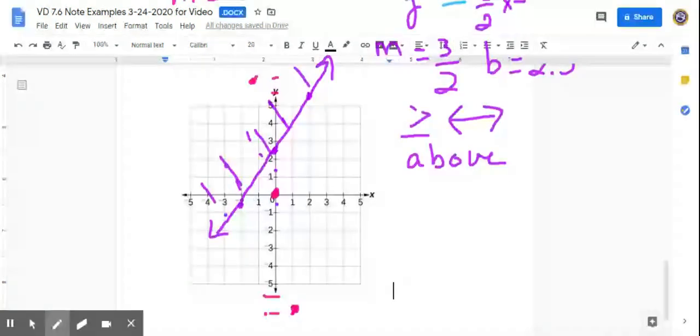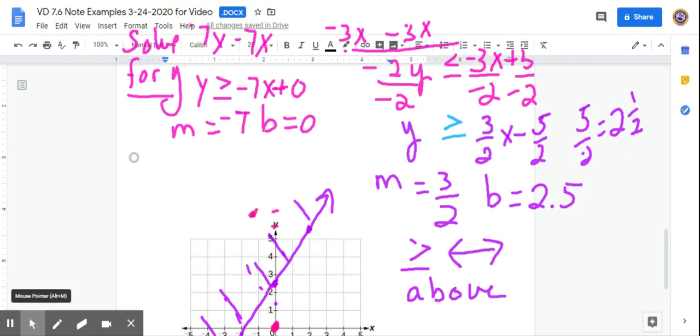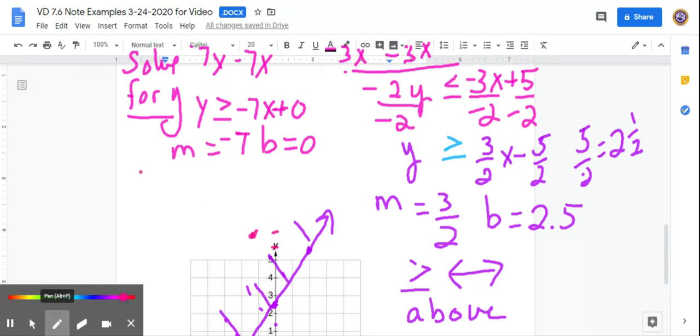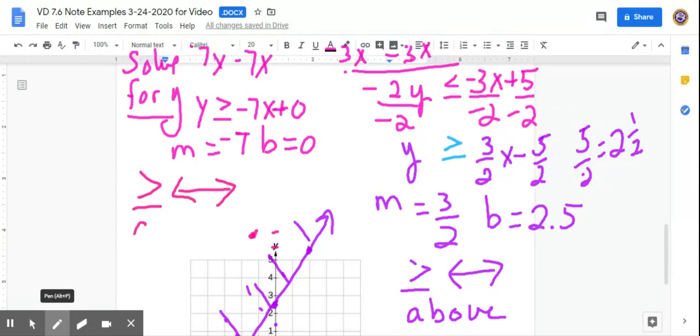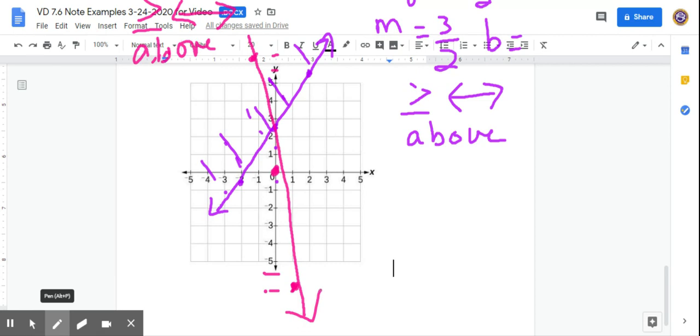Now again, we have to decide what we have to do for our line. So we have greater than or equal to, solid line, and we're going to shade above because it's greater than. So solid line, and shade above.